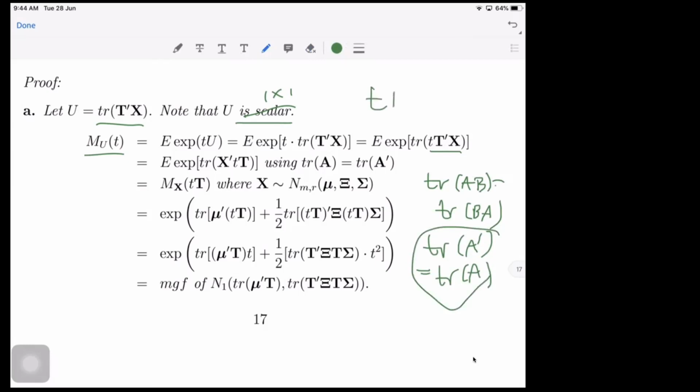So T prime X prime will be X prime T prime.